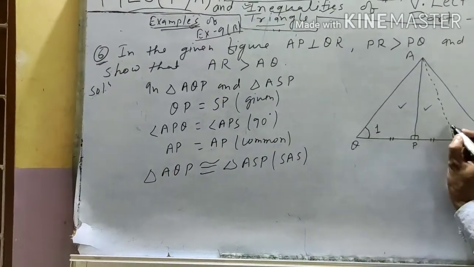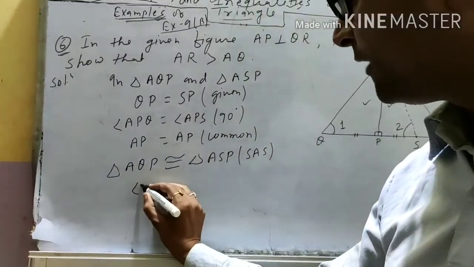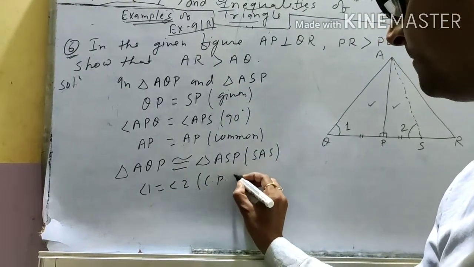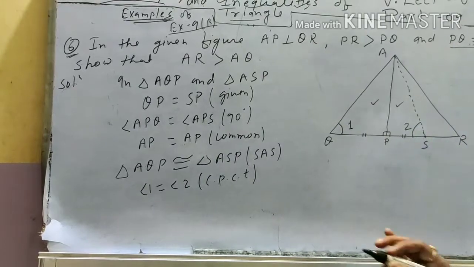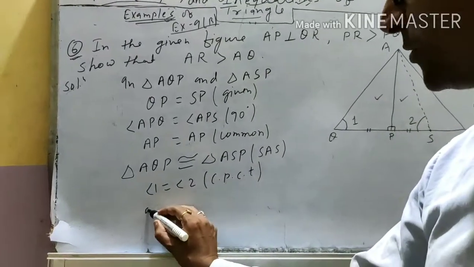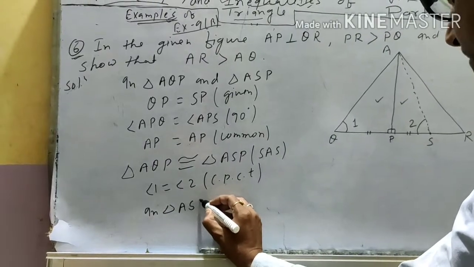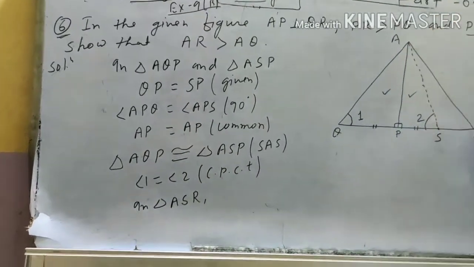Suppose this is angle 1 and suppose this is angle 2. So we can write here angle 1 is equal to angle 2 by CPCT. Now, student, look at triangle ASR.